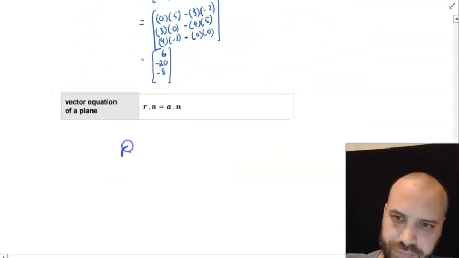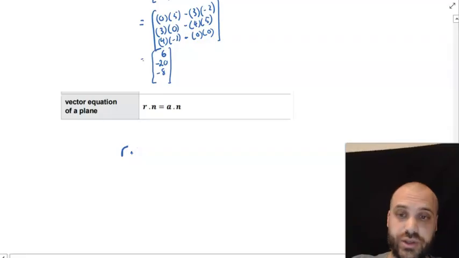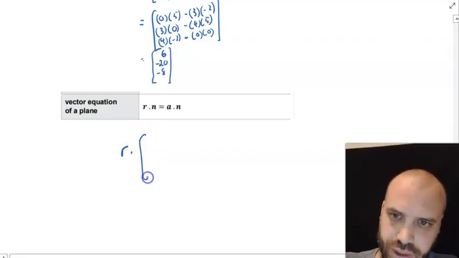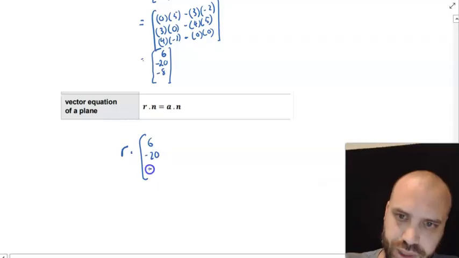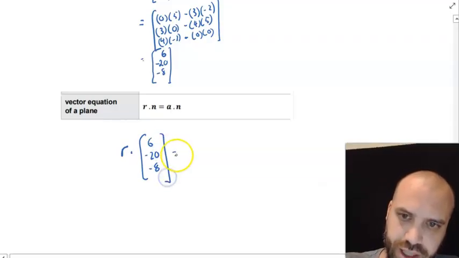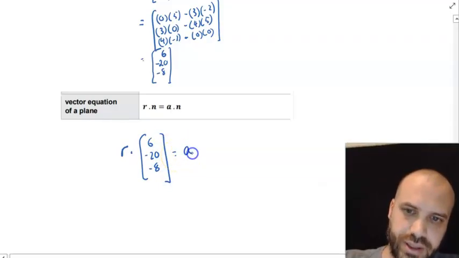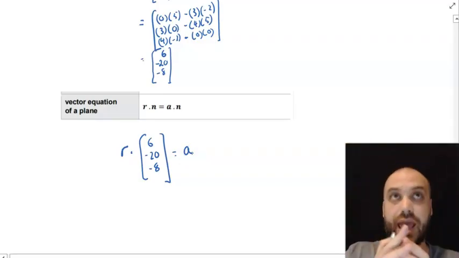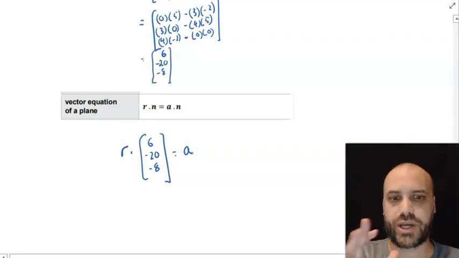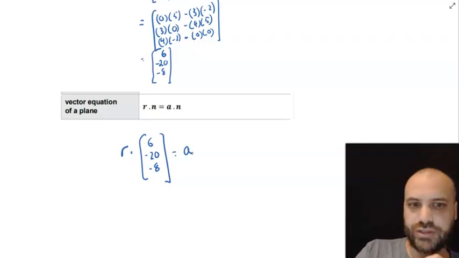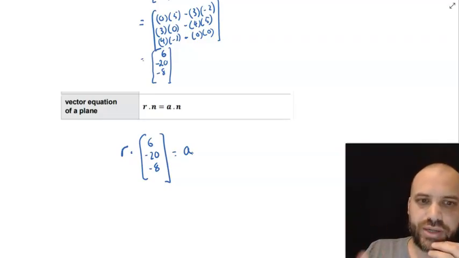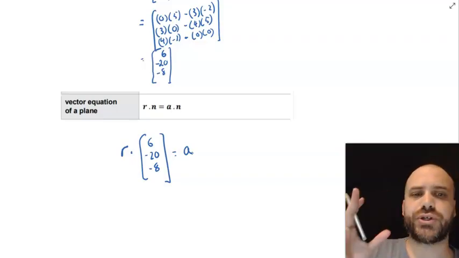So r is just an arbitrary point on our plane, and we have r dot (6, negative 20, negative 8) equals a dot (6, negative 20, negative 8). Now, what's a? a is any point on our plane here. So you can choose literally any point on the plane and we're going to end up in the right spot.